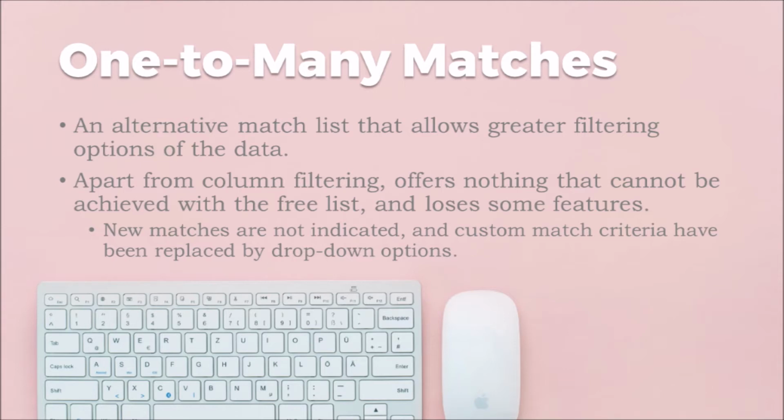The thing that really sets this tool at a disadvantage to the existing match list is it doesn't allow you to set your own custom match criteria. At the top of the paid one-to-many match list, you'll see that you have the ability to set matching criteria. However, it puts it in a drop-down list.